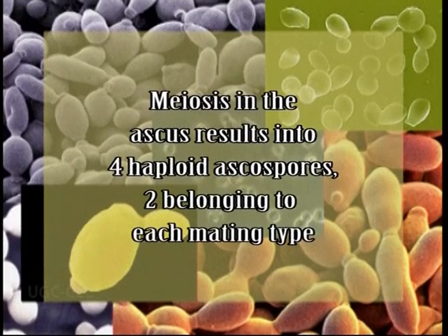Meiosis in the ascus results in 4 haploid ascospores, 2 belonging to each mating type. These acid-fast spores are globose or ovoid and are only slightly more heat resistant than the vegetative cells and will normally be killed by temperature at or below 100 degrees Celsius, for example in the baking of bread.